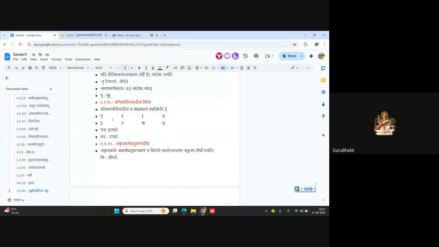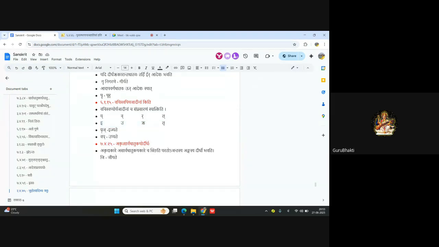Samprasaranam means we saw one sutra. Anybody remember? Igyanaha samprasaranam. So yan is replaced by ik. Ya, va, ra, la will be replaced by i, u, ru, lu.